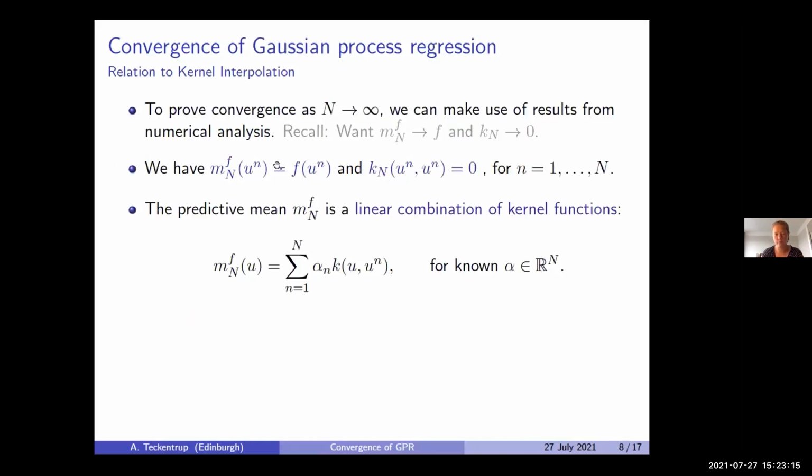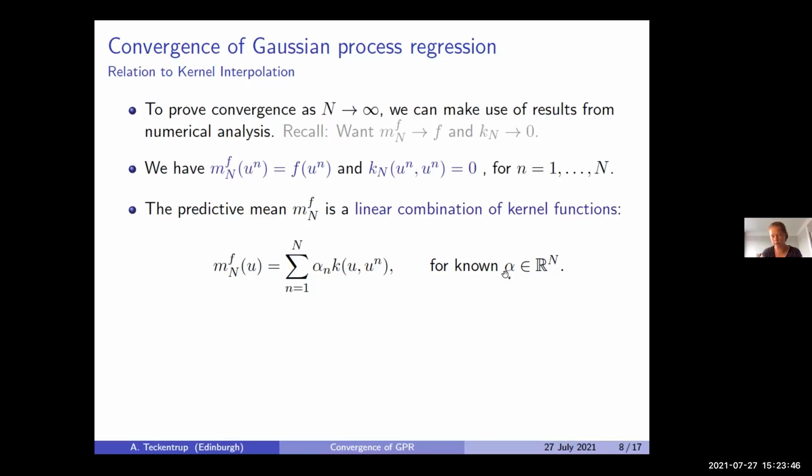Another thing that you can see from the explicit expression for the mean is that it has this form here. You can show that it is a linear combination of the prior covariance kernel that you chose. K was the covariance kernel in our prior, and you can write the mean in this form, where the coefficients are known.